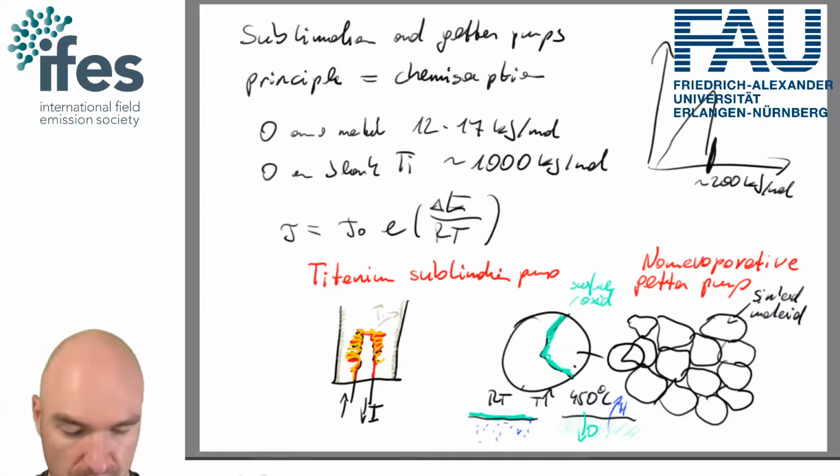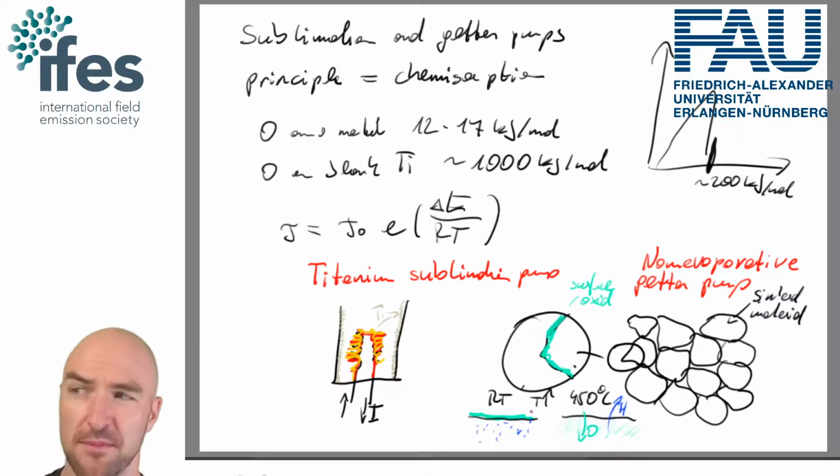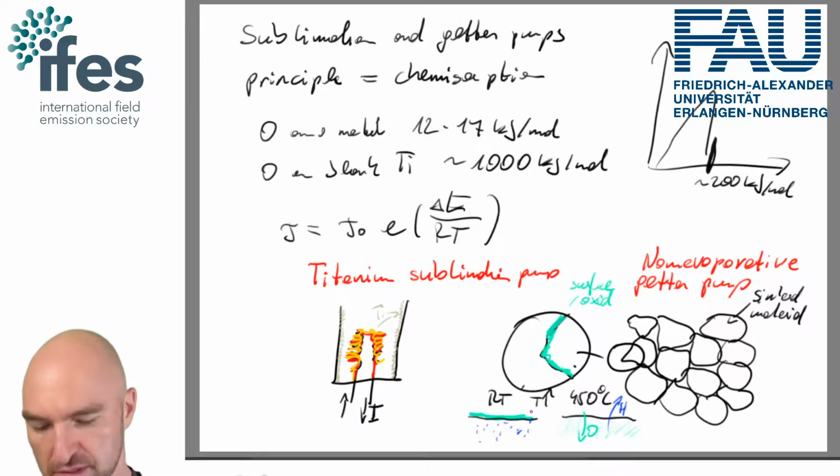And that sorption of the oxide, you can do that quite a lot of times, probably about 100 times. So for ultra vacuum systems that they don't open up all that much, it's actually pretty okay to use non-evaporative getter pumps, and you will never get to a level where you have so much oxygen in your non-evaporative getter pump that it will become a problem.